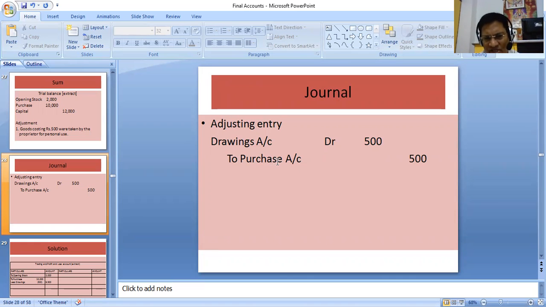We will subtract from purchase. If we write to stock, then we will subtract from stock. So that is why no closing entry is passed as such. If any nominal account other than purchase or stock would have been there, then I would have made a closing entry even. We just subtract from purchase this one, and we will subtract from capital this one, drawings.